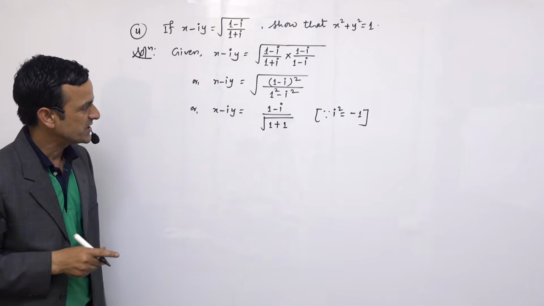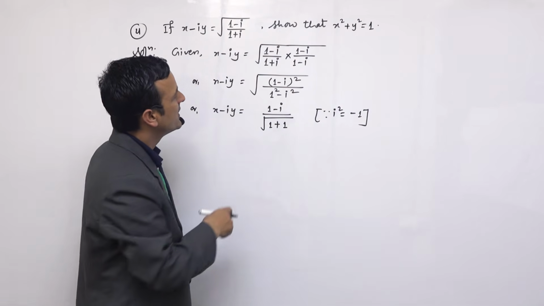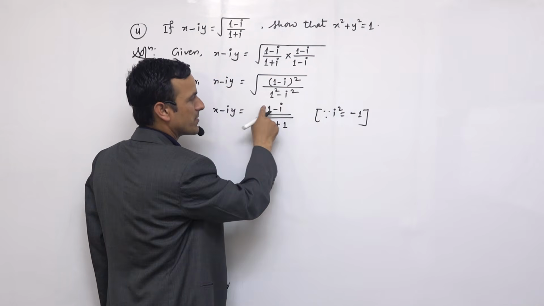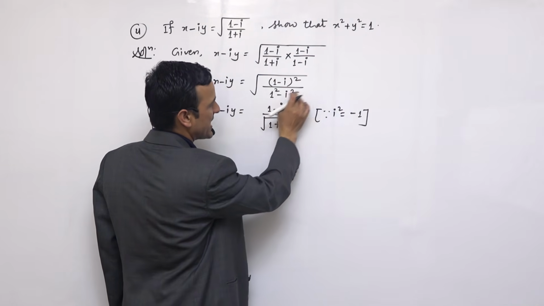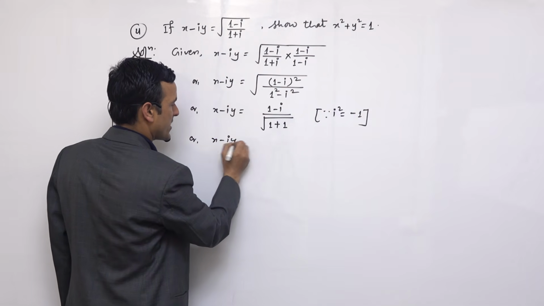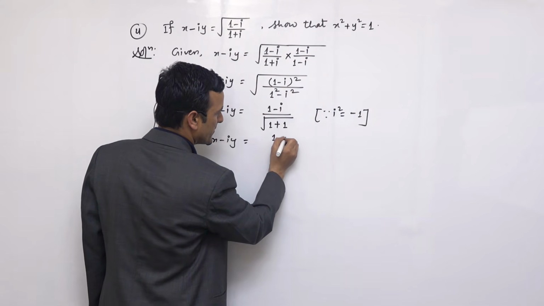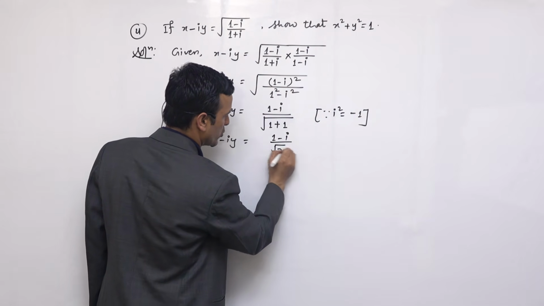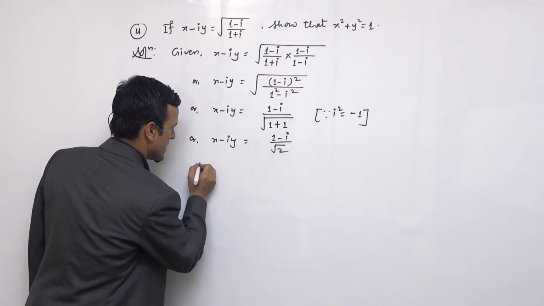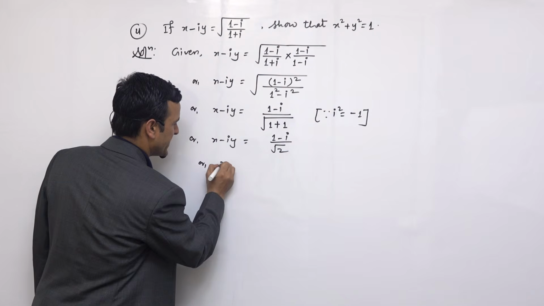This is the property we are using here. So the root cancels, 1 minus i only, and then i square means minus 1, 1 plus 1, 2. Then x minus iy is equal to 1 minus i divided by root 2. And now we can separate it like this.